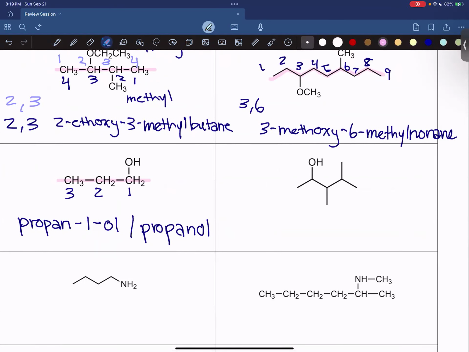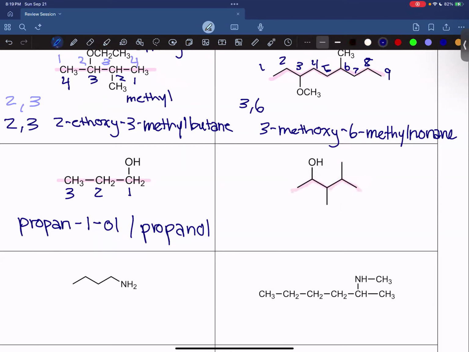Okay. Next, we have this. We're always going to find our longest carbon chain. We also could have done it like that, but that just doesn't look right to me, so I'm not going to do it like that. But it's the same either way.